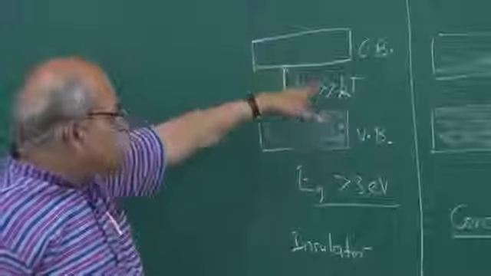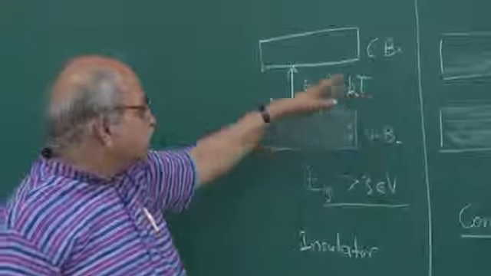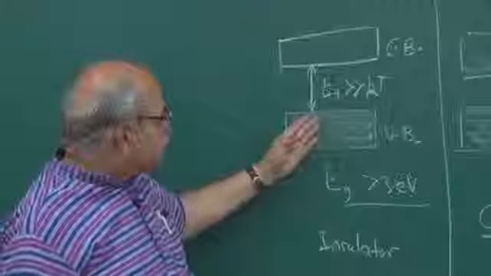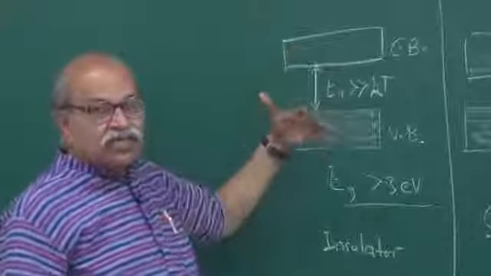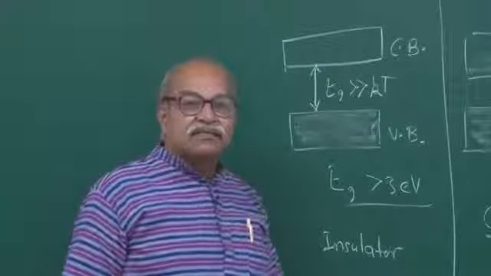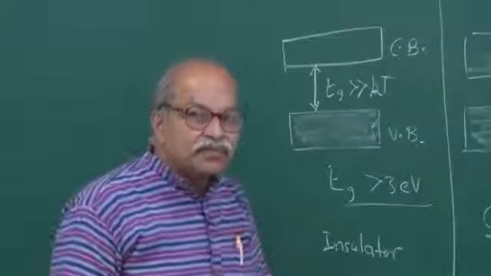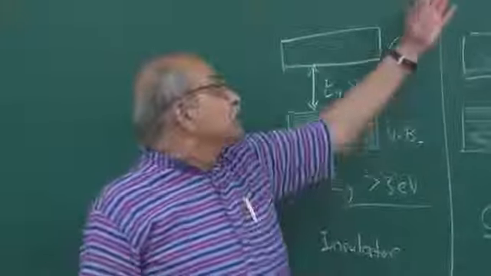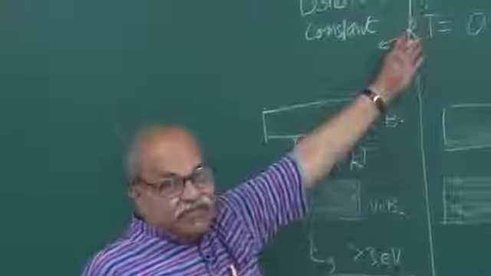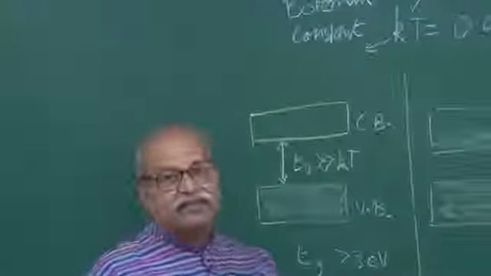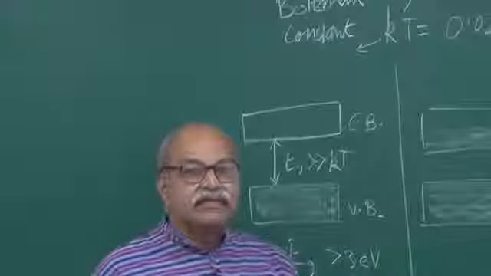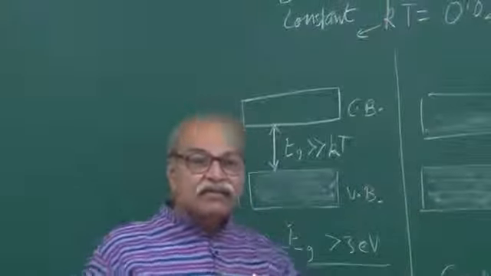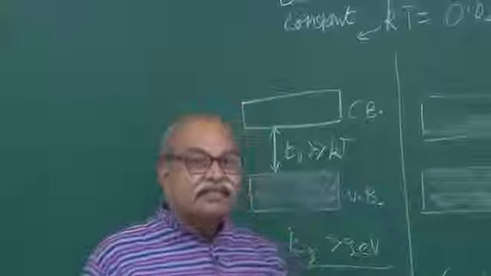Once you are at room temperature, this Eg will decide whether some of these electrons can be promoted here, because in interactions thermal energy exchange takes place, and that is of the order of kT on the average. But there are interactions where the energy exchange is much larger than this, 10 times, 50 times, 20 times this. There are also interactions in which the energy exchange is much smaller.